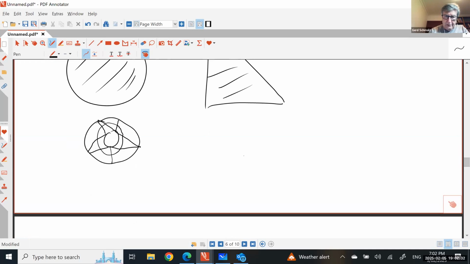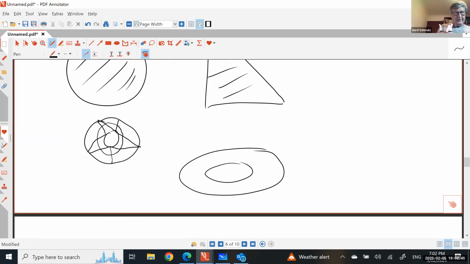Now there are more. This is all two-dimensional. Another two-dimensional example is a torus, a donut. So we are interested here not in the solid part of the donut, but we think of the donut just as its surface, the two-dimensional surface.